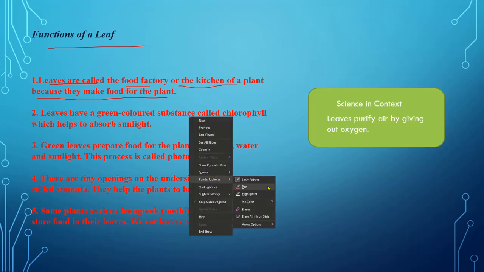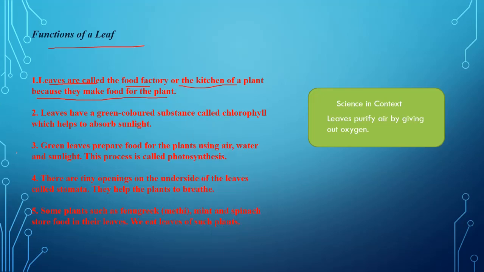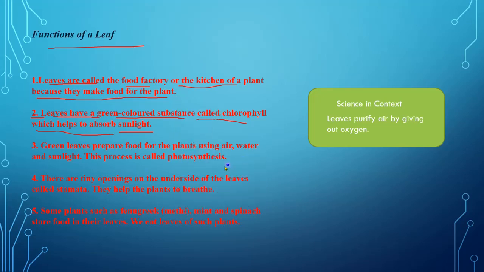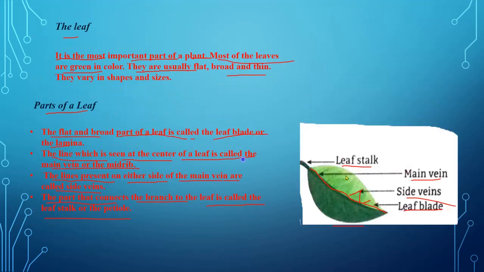So let us read the second point. Leaves have a green color substance called chlorophyll, which helps to absorb sunlight. Absorb means to take in, as I told you in the earlier slide. Chlorophyll is a green color pigment in the leaves. Here you can see the leaf is green.